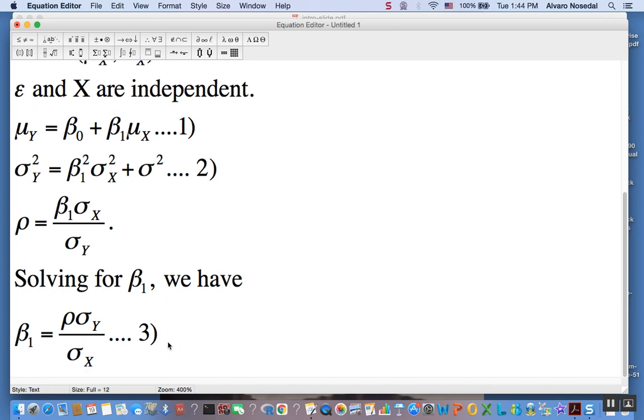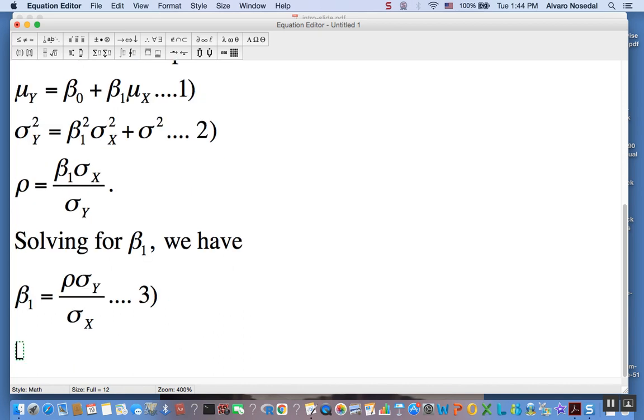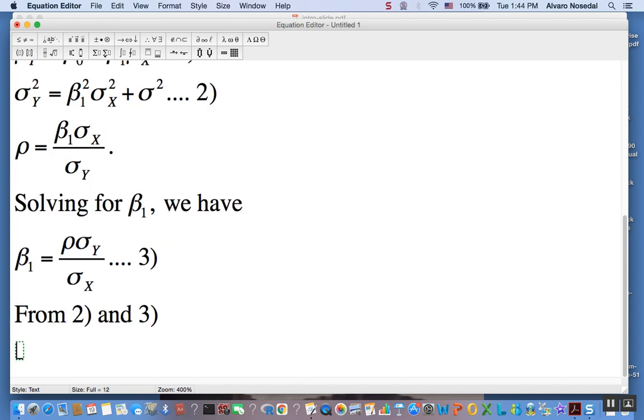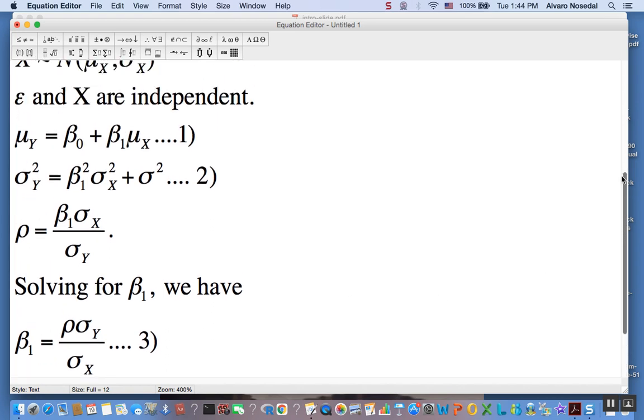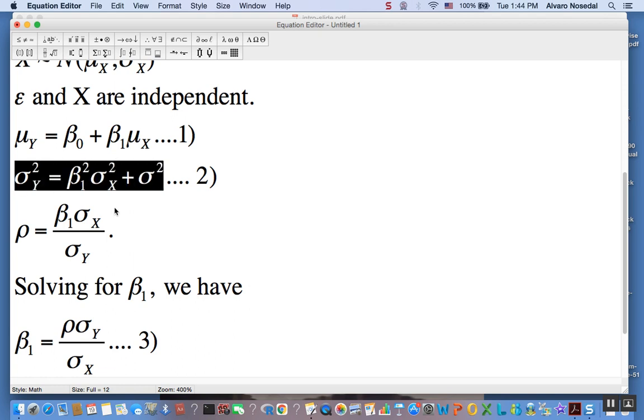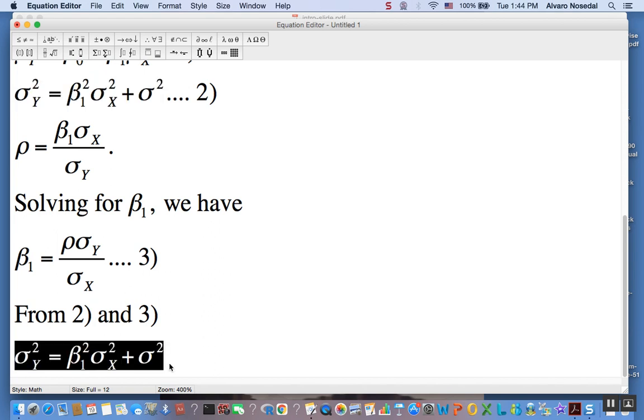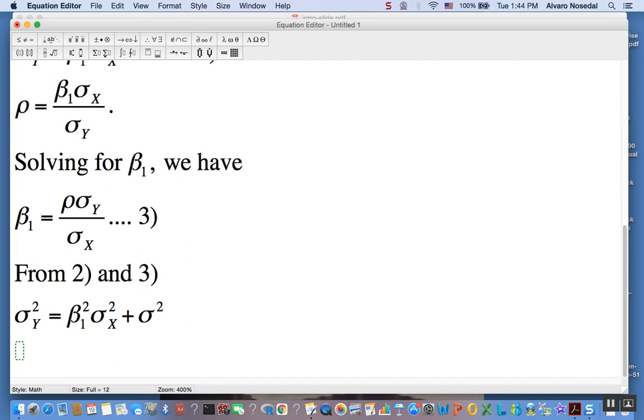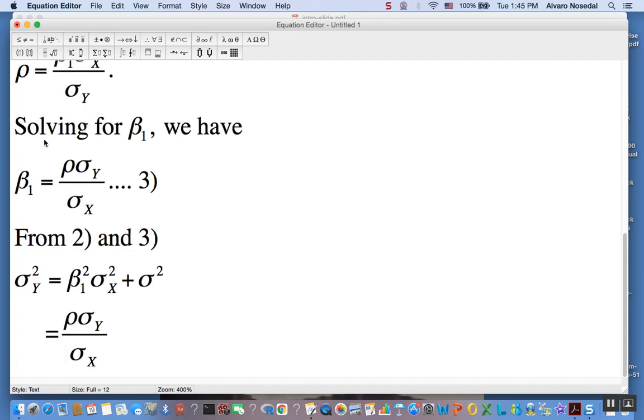So from 2 and 3, what we have is that the variance of y, which is this, will be the same as this expression squared instead of our beta 1.